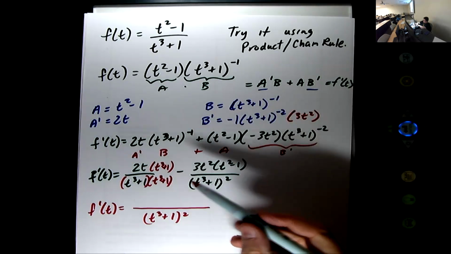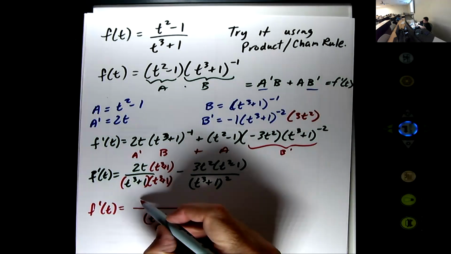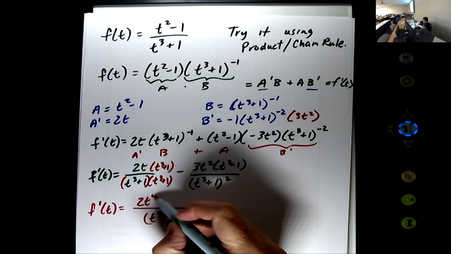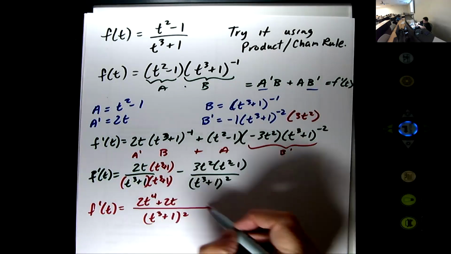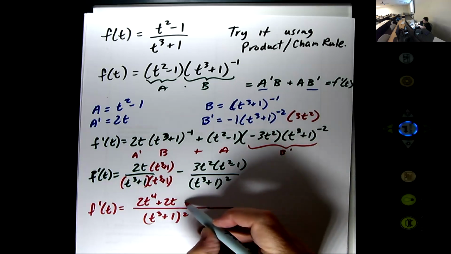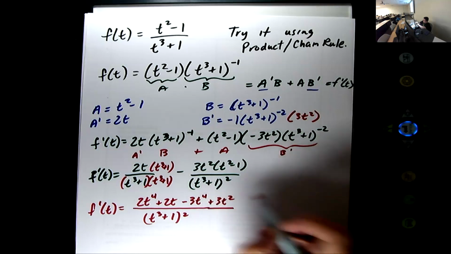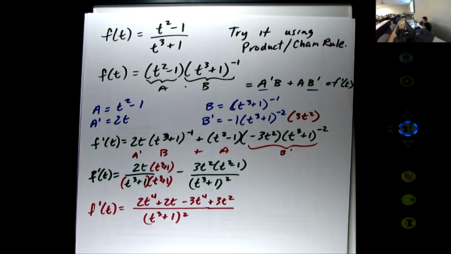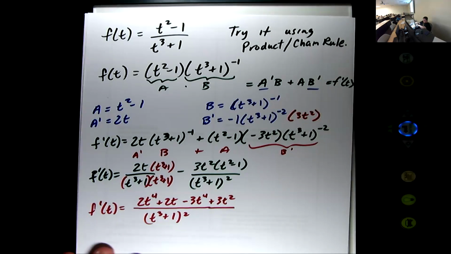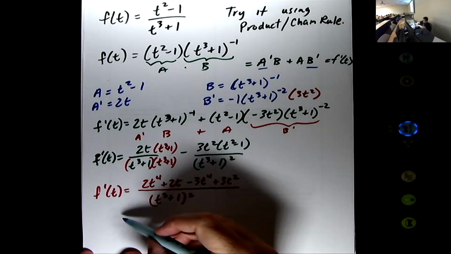If you've done that, I'm just going to start trying to clean it up. 2t to the 4th plus 2t minus 3t to the 4th plus 3t squared. Looks like some stuff combines on top.